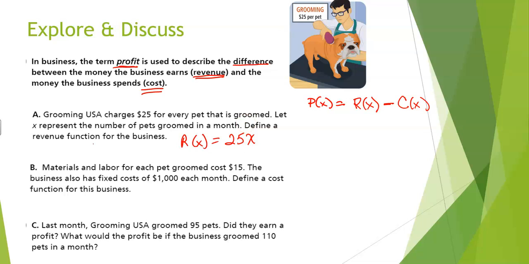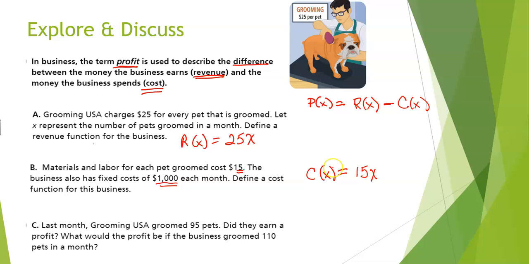Now the materials and labor, and we're bringing it down to a month, cost $15 for each pet for the materials and the labor. And then the business has fixed costs of $1,000 each month. That could be the overhead, the rent, whatever. So now we need a cost function for this business. So the cost would be $15 for every animal.